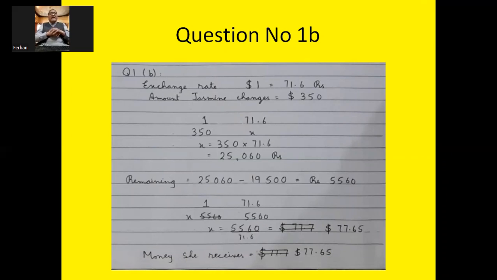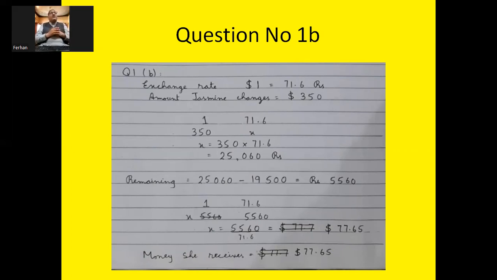So she spent 19,500 rupees. So from 25,060 rupees, subtract 19,500 rupees, and you get 5,560 rupees remaining. So these rupees she will convert back into dollars, and the exchange rate is still the same. So $1, 71.6 rupees.